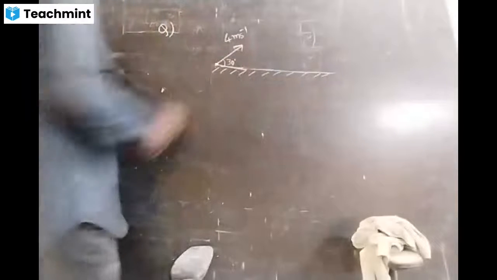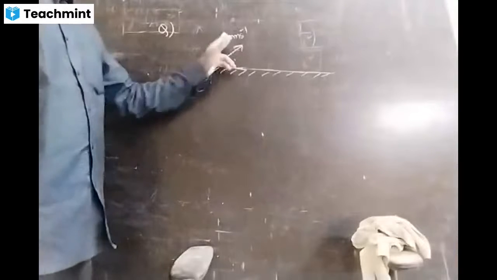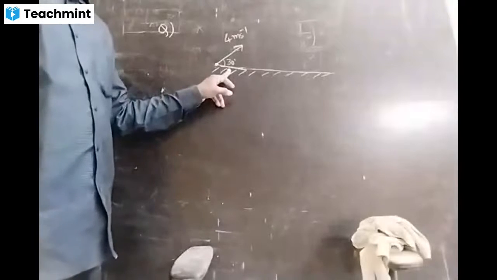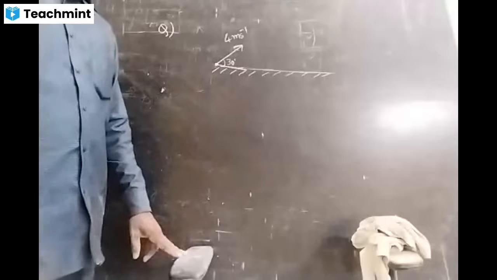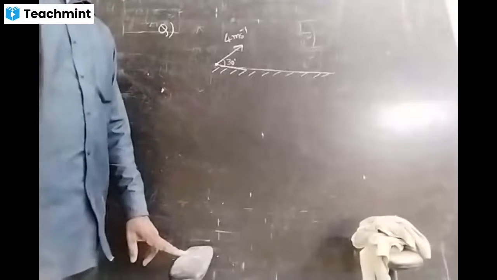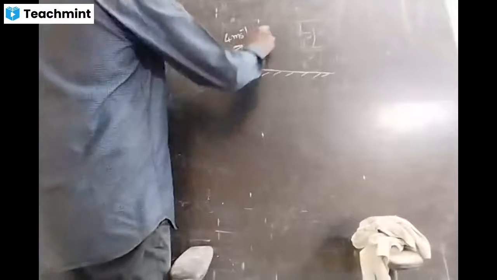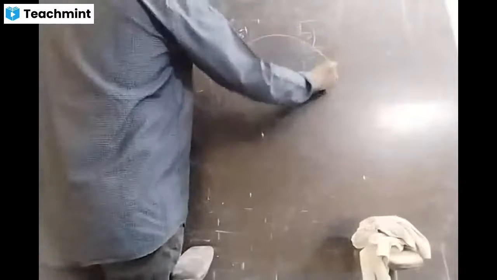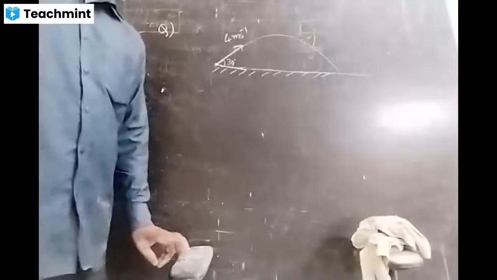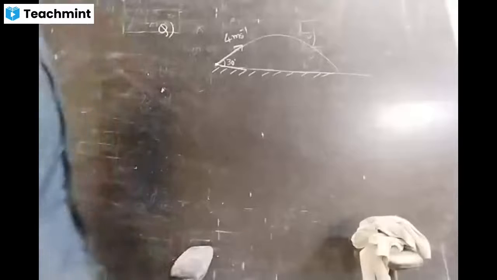So when you project it, what is the shape of its path generally? It takes a parabolic path, generally, because of the influence of gravitational force.